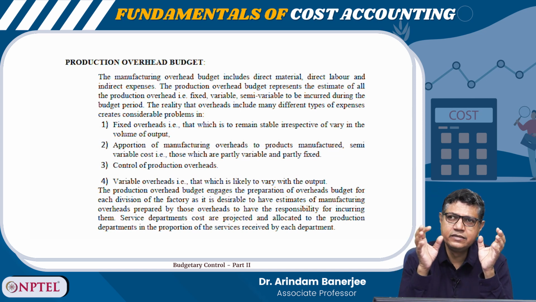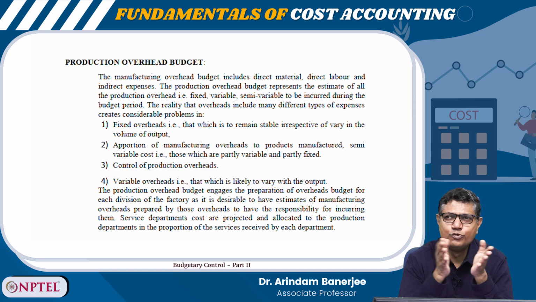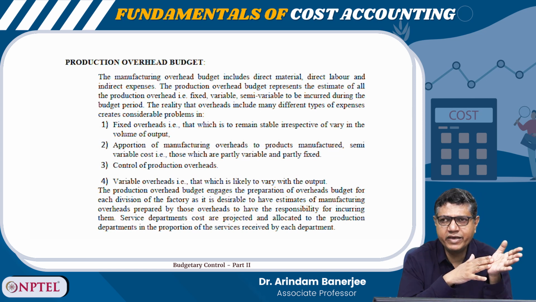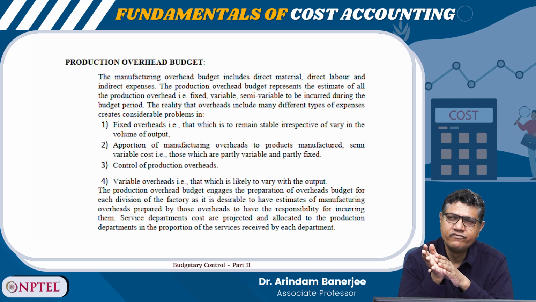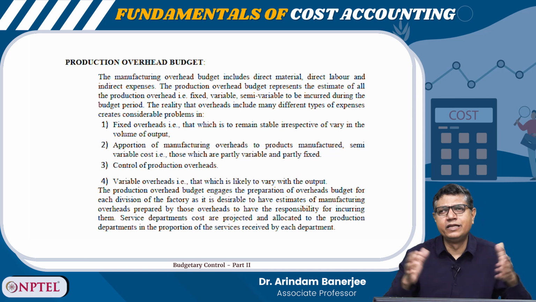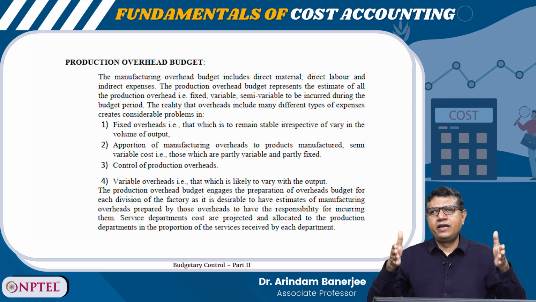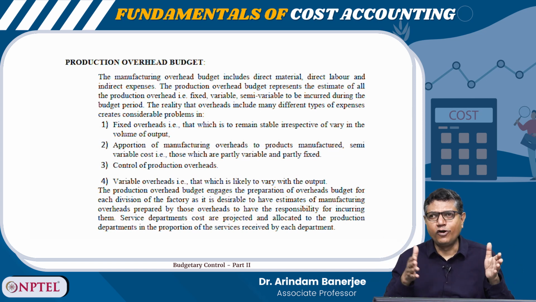I can divide this overhead cost into two categories: one is fixed, the other is variable, right? Fixed overheads will remain the same, whatever the production level, within a given production limit and within a time span. It will not change.